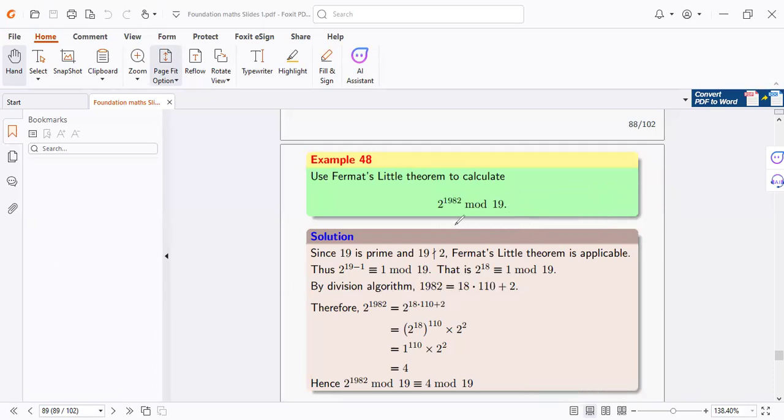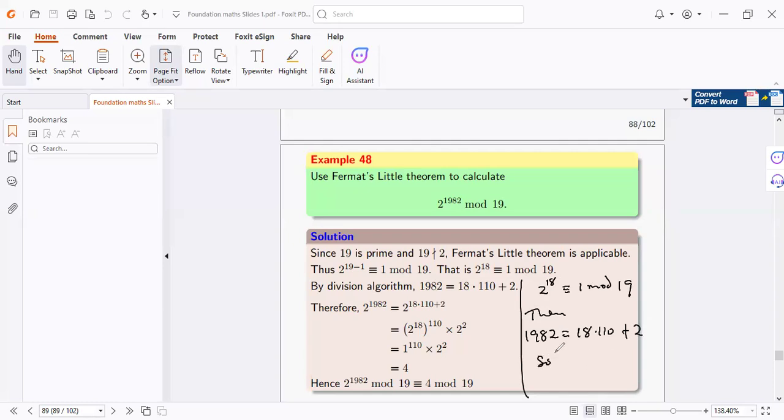How I would have done it easily: using Fermat's little theorem, 2 raised to 18 is congruent to 1 mod 19. Then write 1982 in terms of 18 as that plus 2.